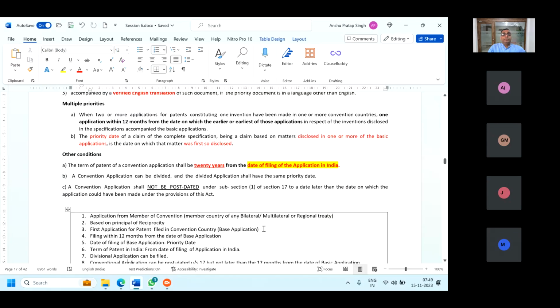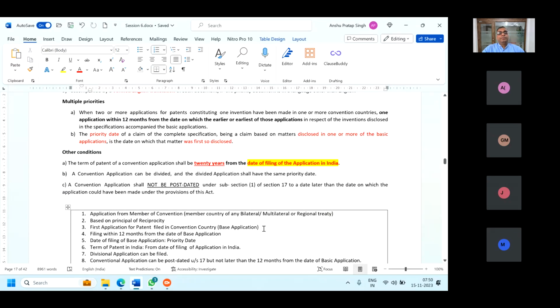Now, it says that there can be an existence of multiple priorities. That means there are 2 or more applications for patent which constitute one invention as per Indian law, but they have been filed in 1 or more conventions.